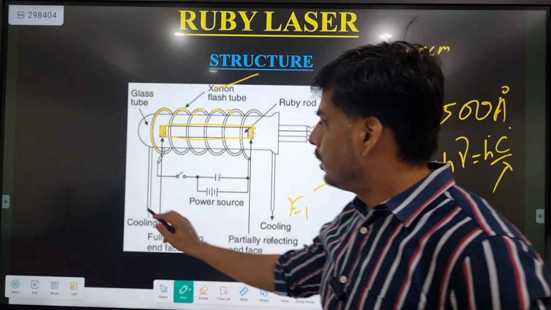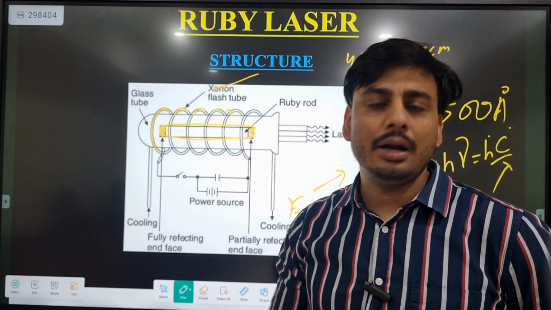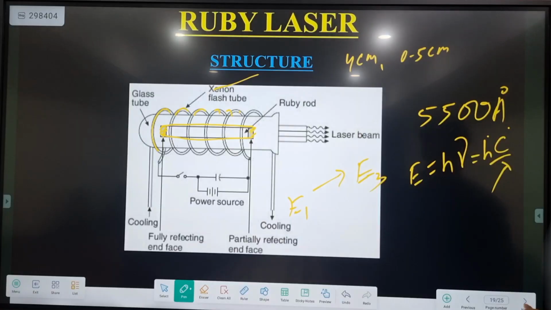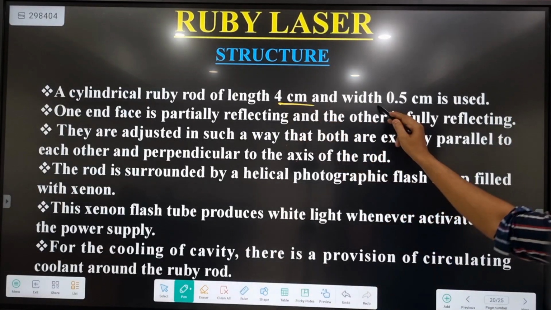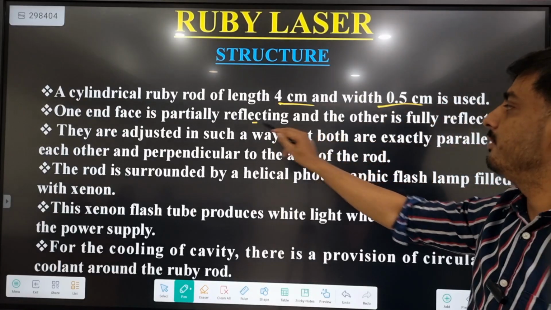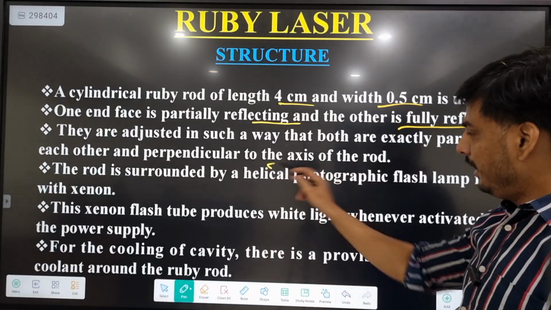And here you can see a coolant is used, because when light falls it will get heated, so in order to cool down, a coolant is used. This is the structure explained here. Here you can see 4 centimeter in length and 0.5 centimeter width. One end is partially reflecting and polished, and one end is fully reflecting, along the axis.